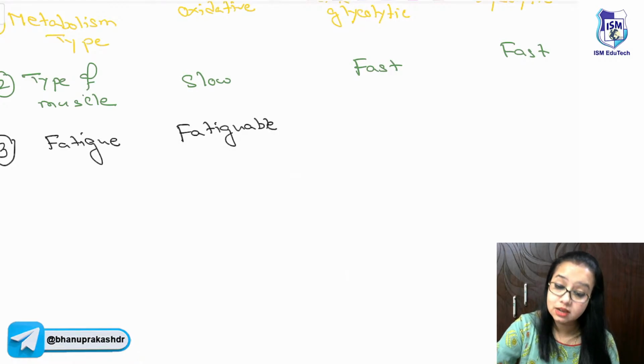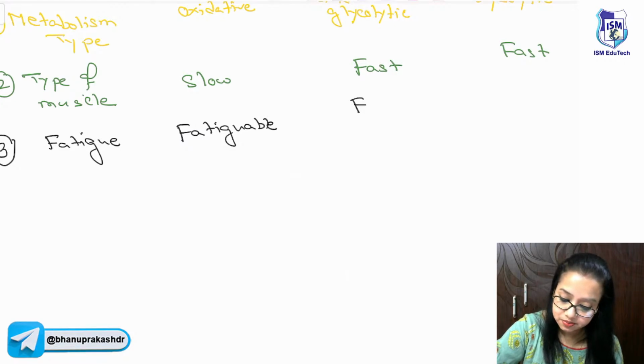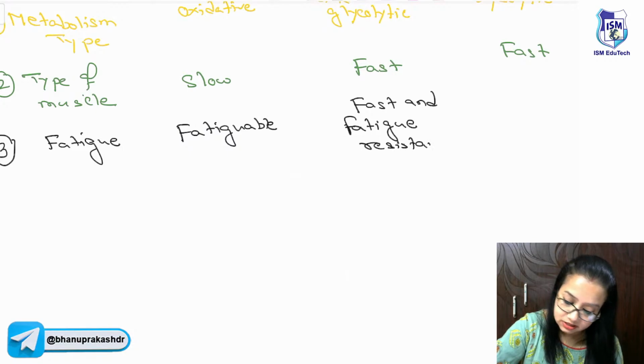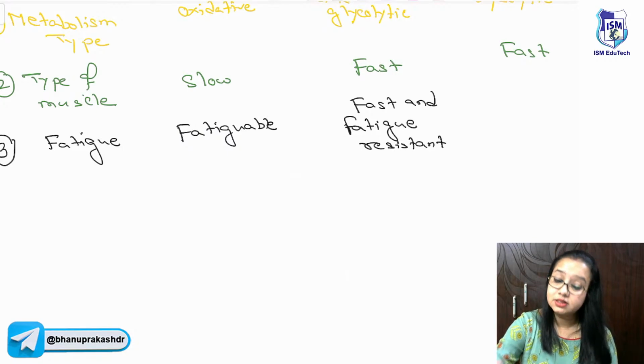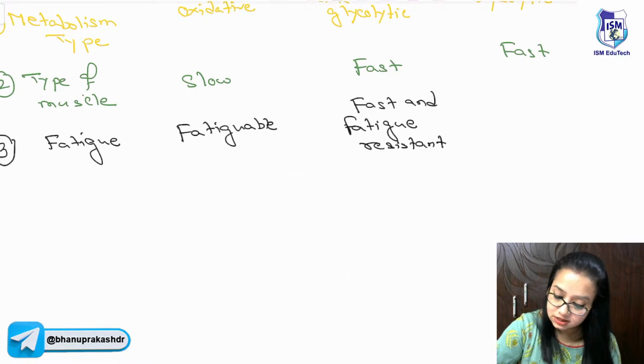Whereas type 2A is fast and relatively fatigue resistant. Type 2B is again fast but fatigable.